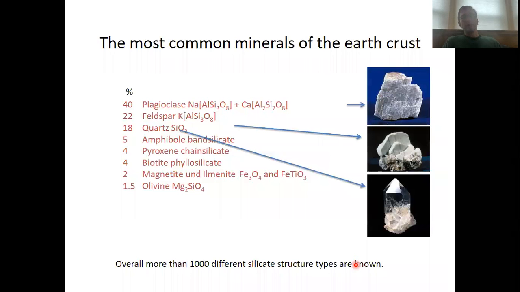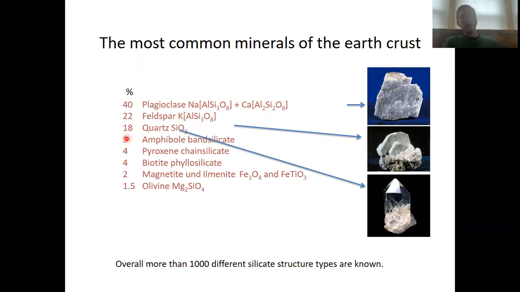So here are the most important minerals overall. Most of them are silicates. The most abundant mineral is plagioclase. It's a sodium aluminum silicon oxide, and a calcium alumosilicate. The next most abundant one is feldspar, which is potassium alumosilicate.